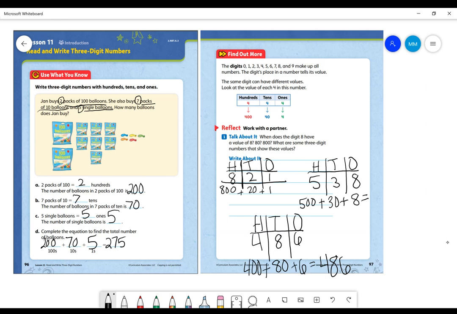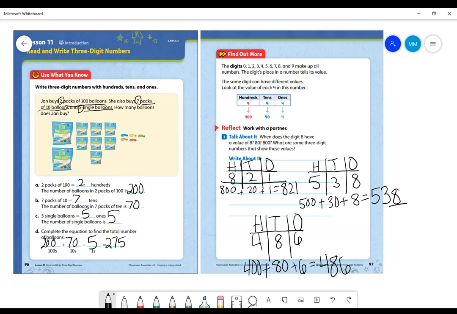Up here, we had 500, so 5 hundreds, 30, so 3 tens, and 8 ones. The value of 8 was smaller than the 3 and the 5. The 3 was 3 tens, and the 5 was 5 hundreds. In the first one we did, we had 8 hundreds, so 800, 20, 2 tens, and 1 one.